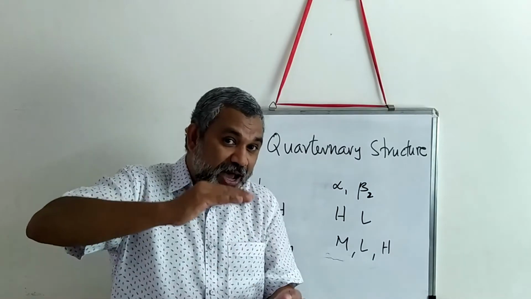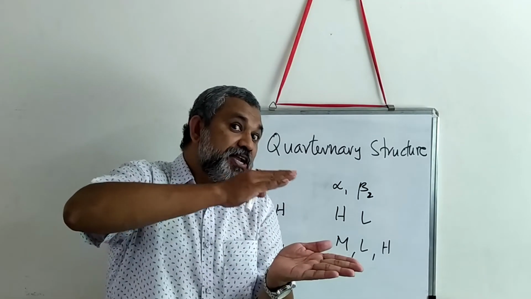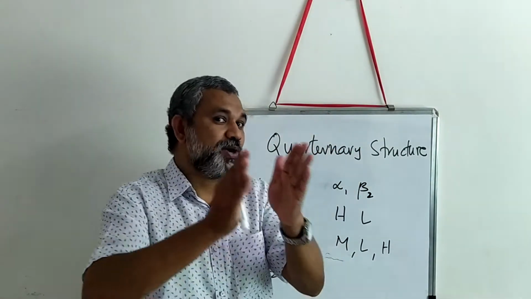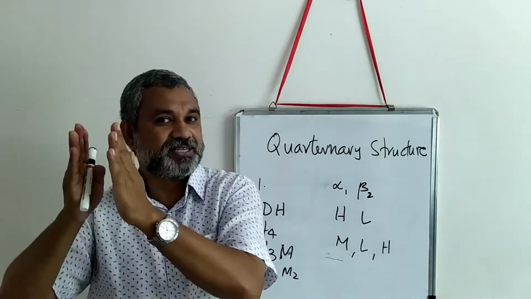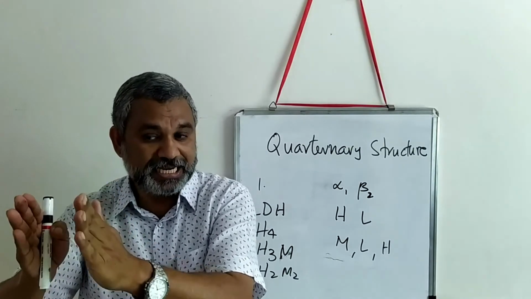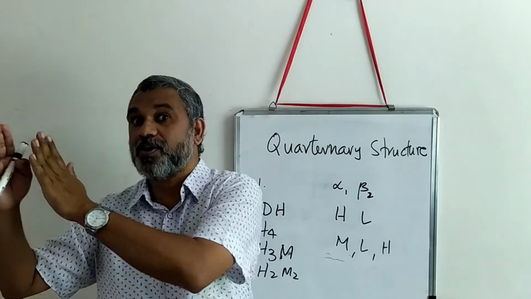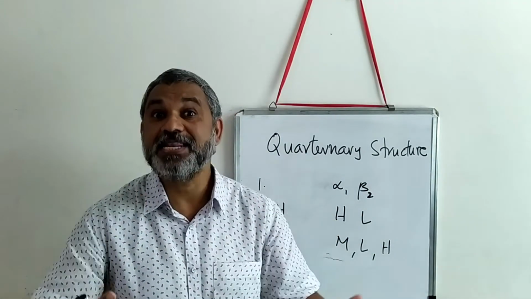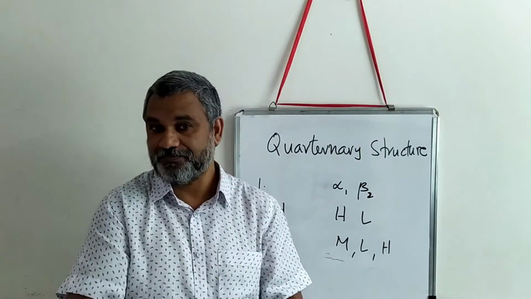You will also see now the different hierarchy existing. You have a primary structure, a secondary structure, and a tertiary structure when it is a single polypeptide chain, and you have a quaternary structure when there are multiple chains available for a protein.